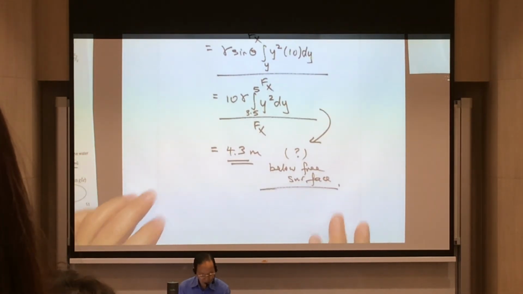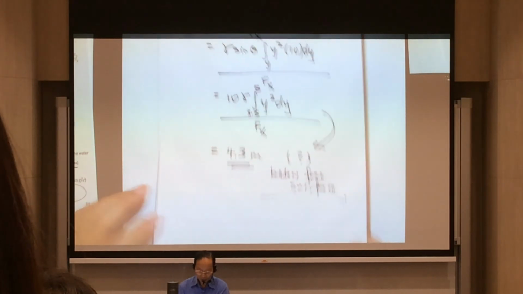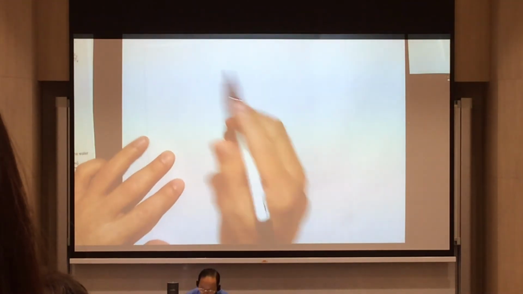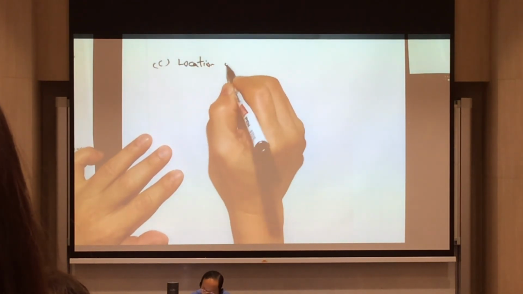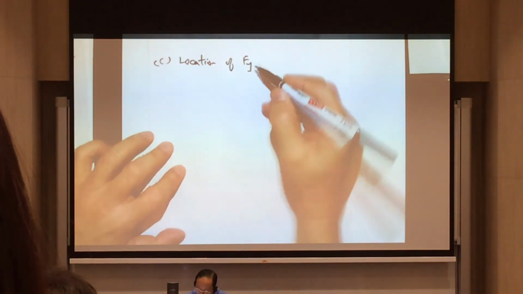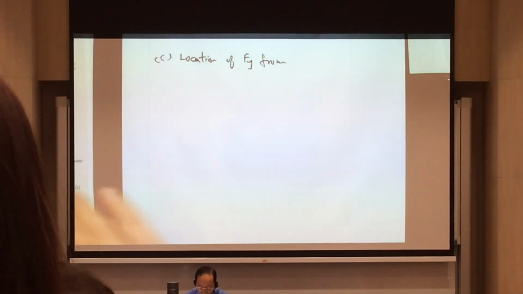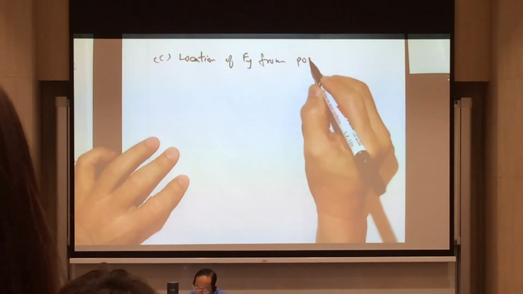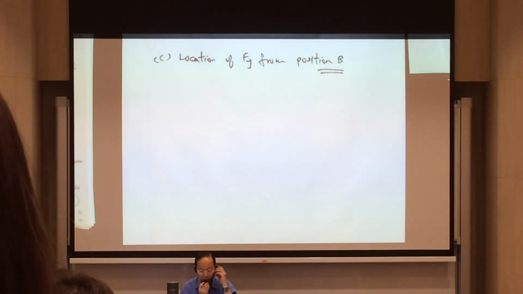So likewise, for the location of Fy, we will have the location of Fy from position B. That's how we locate our Fy.